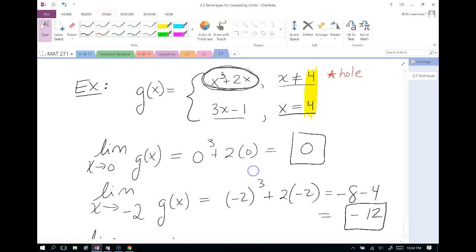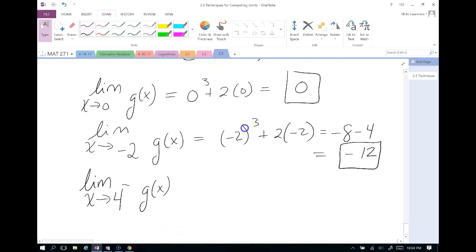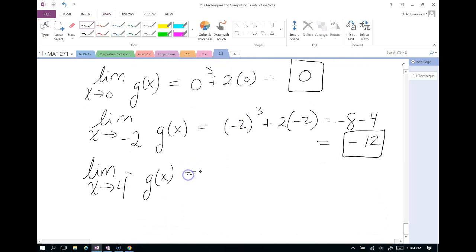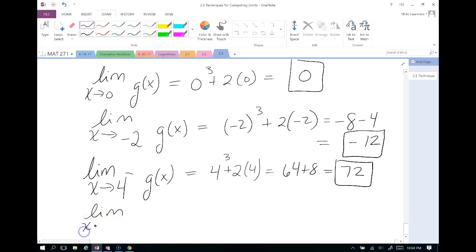So as we approach 4, we're approaching it on the x cubed plus 2x graph. So we should plug 4 into the x cubed plus 2x graph to see what it looks like it's approaching. So this is 64 plus 8, which is 72. And really, that would be the same exact thing from the right-hand side.